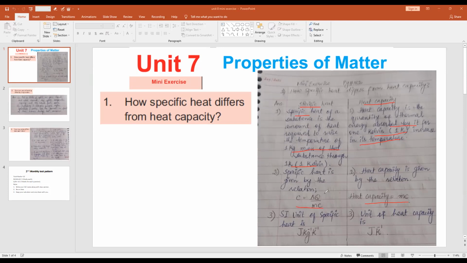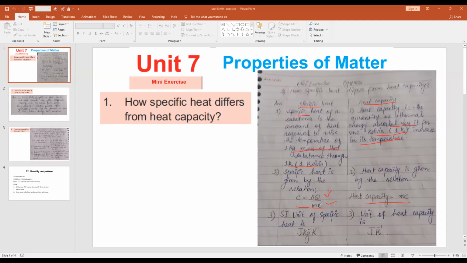How? Delta Q has the unit joule, mass is measured in kg, and so hold on, students, hold one minute. Sorry, this is delta T, right?